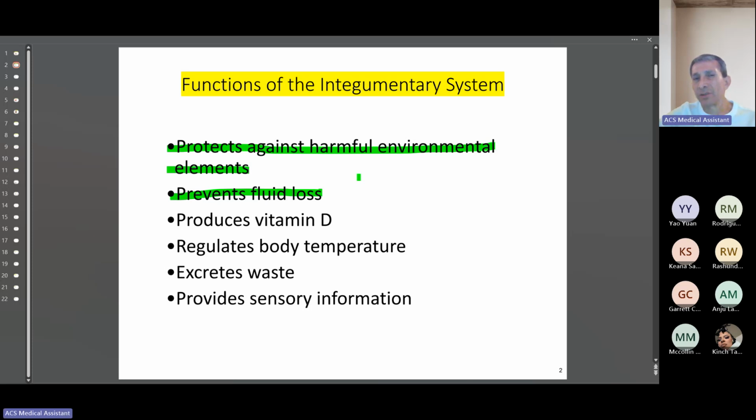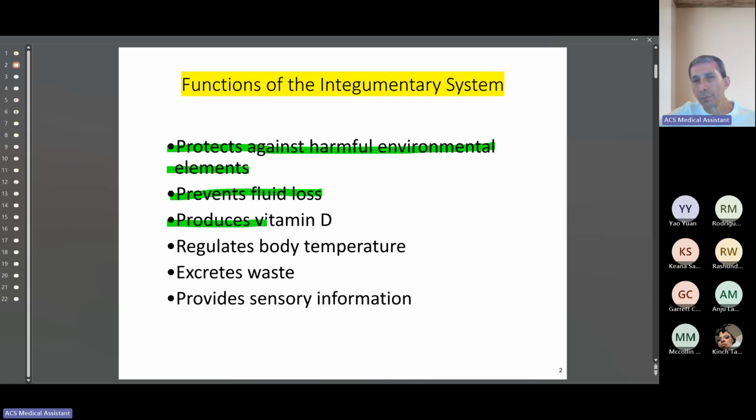Not only that, it prevents fluid loss. Remember when we sweat, these fluids come out through our pores. But that is because we need to, because it's a way of protection. That's like an air conditioning for our body. When we are hot, the body needs to get wet from the outside, and that's why we sweat, to protect us.